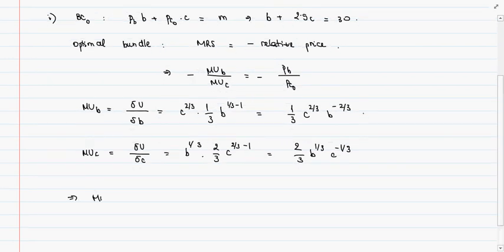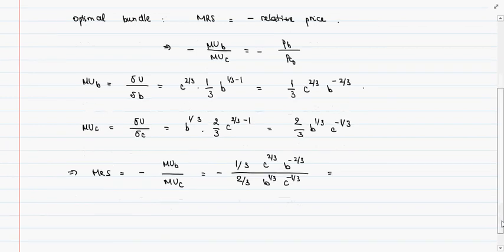Therefore marginal rate of substitution is just going to be the negative of marginal utility of B over marginal utility of C. So that is negative 1/3, C 2/3, B negative 2/3, everything divided by 2/3, B 1/3, C negative 1/3.